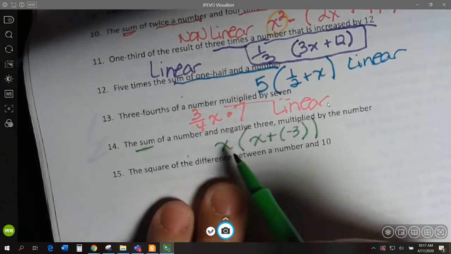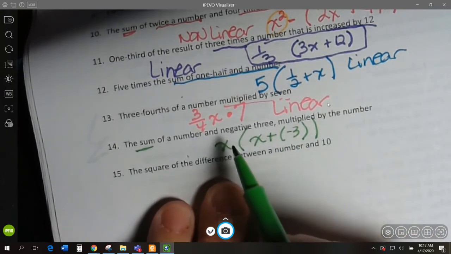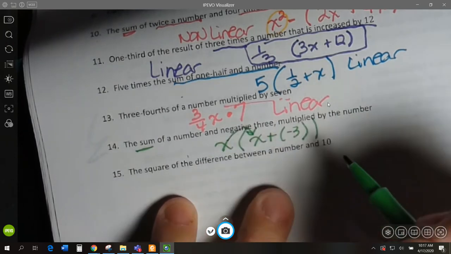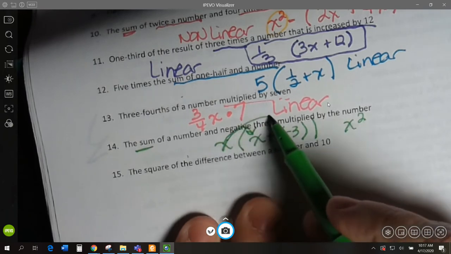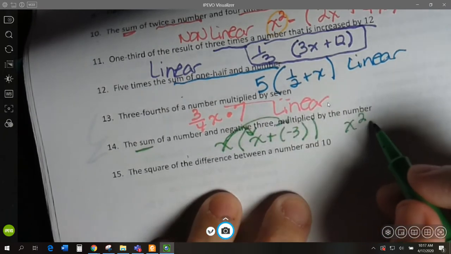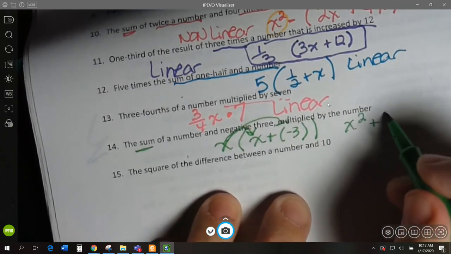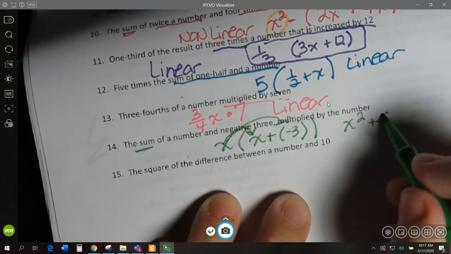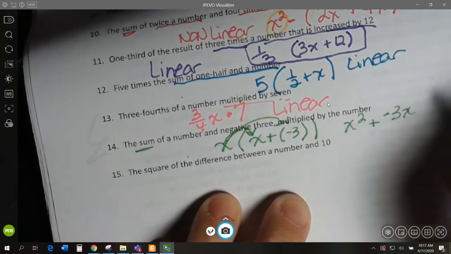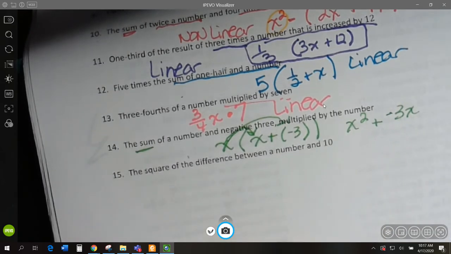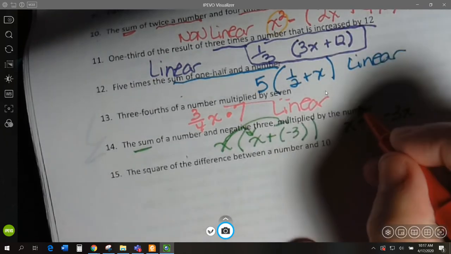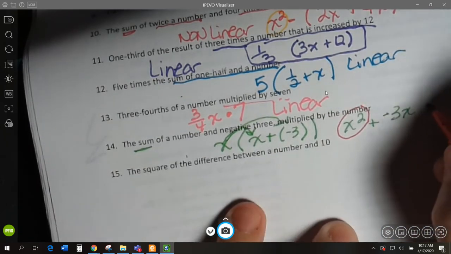If we use the distributive property, we would have x times x, which is x squared, then x times a -3, which would be -3x. And because of the x squared, this is going to be nonlinear.